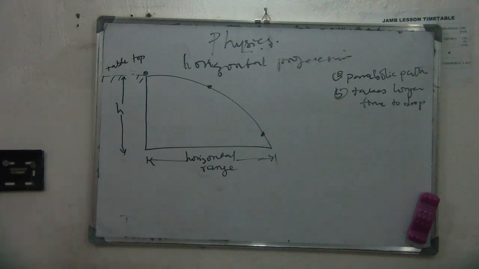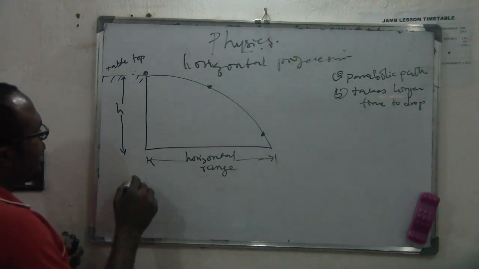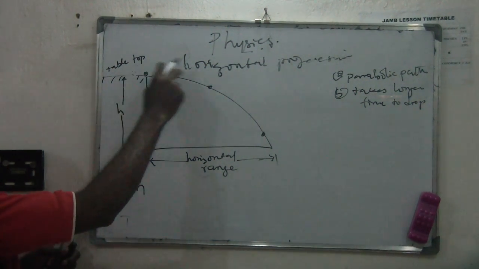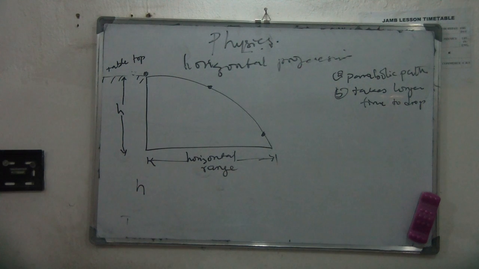So for this very motion, height from projection, h. We want to calculate the height from projection, h. This height, is it not? How can you calculate this? You can get it by using ut plus half gt squared, is it not?